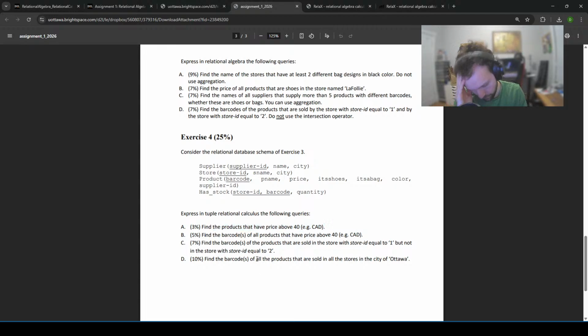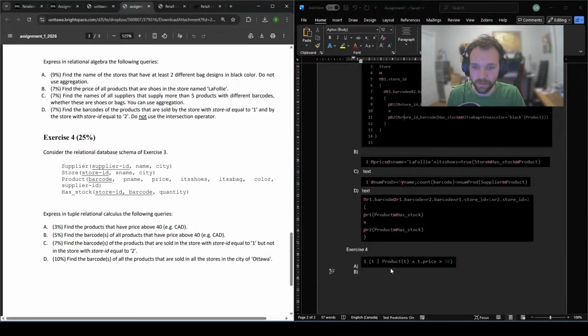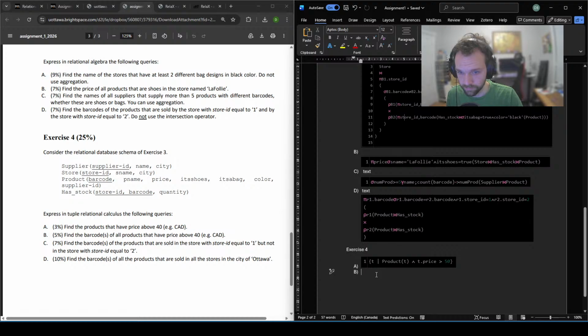This one I might just have to calculate or write out. Find the products. It doesn't say anything about product name, so I could just have tuple. We'll roll with that for now. Yeah, that works.